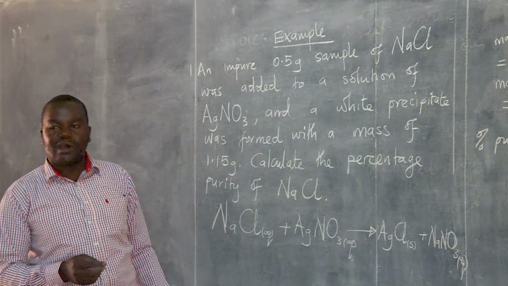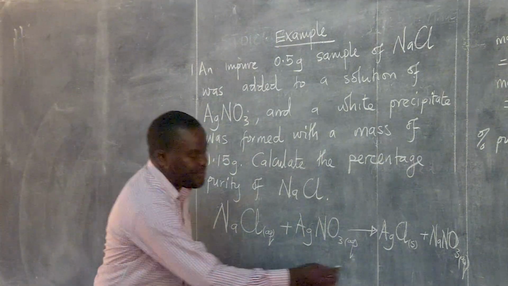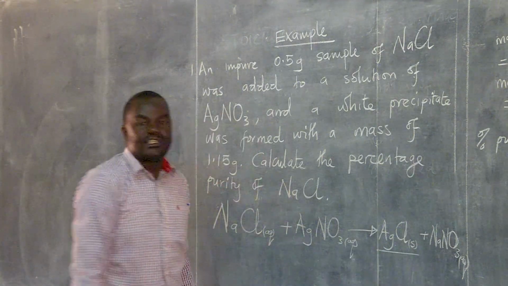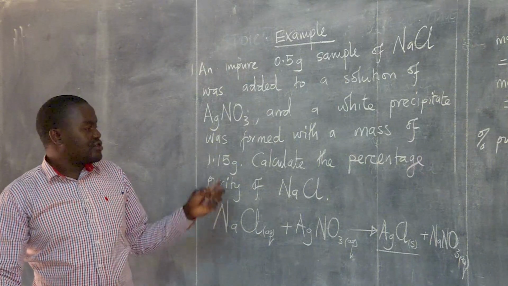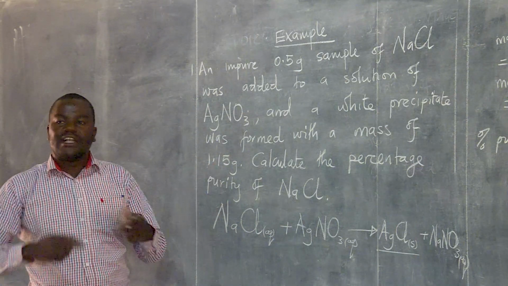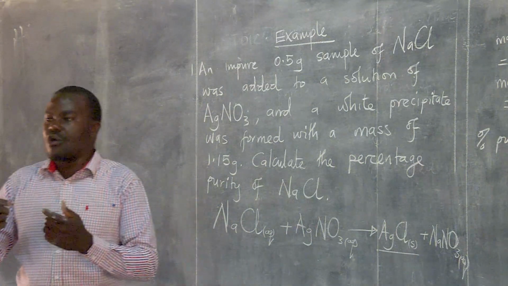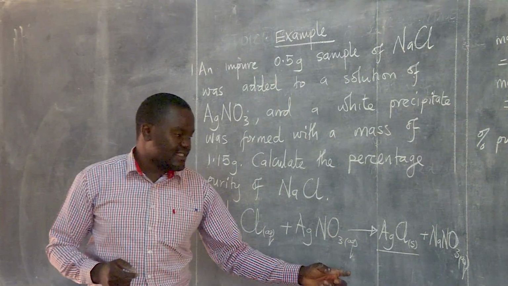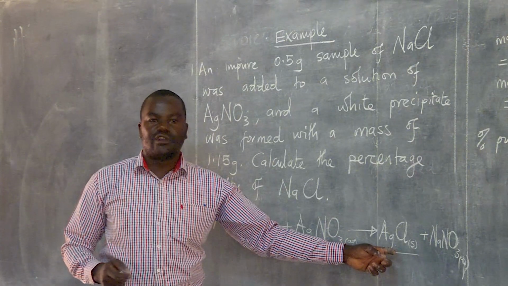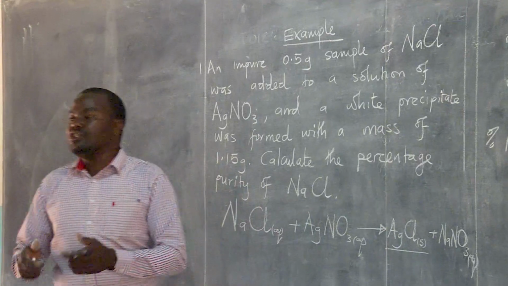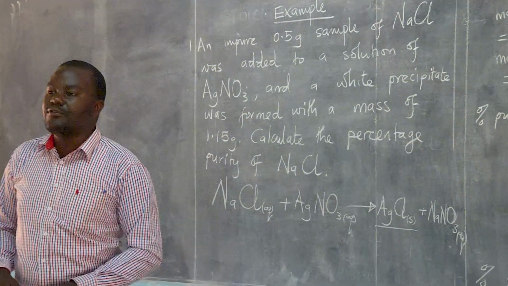What is the precipitate formed? It is silver chloride. So we are supposed to convert the given mass for this silver chloride, which is a precipitate, into number of moles.